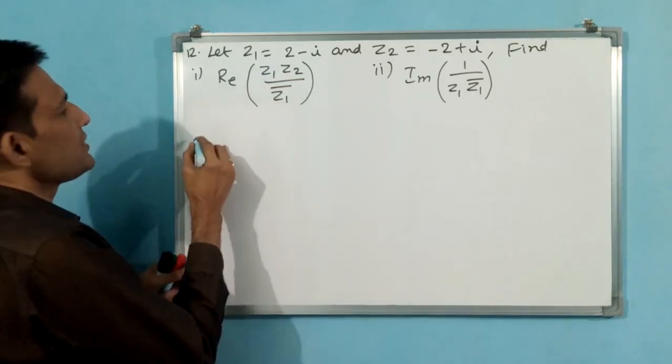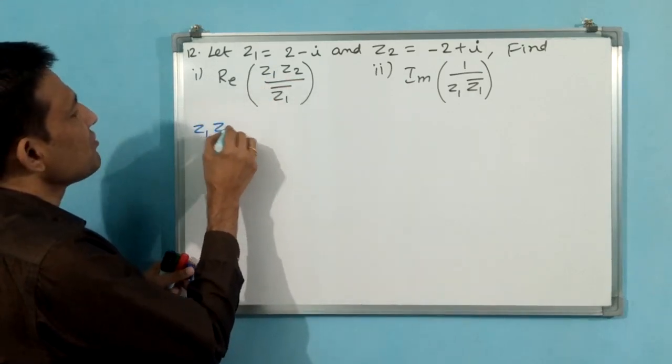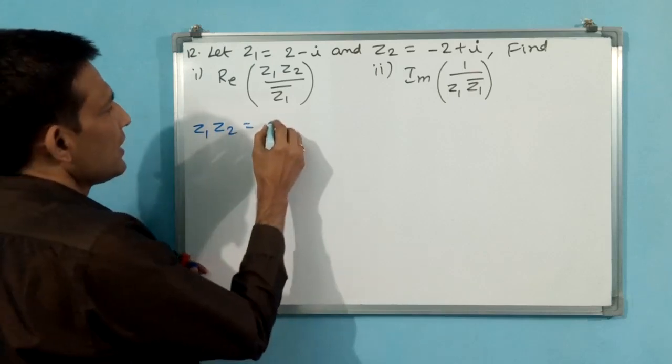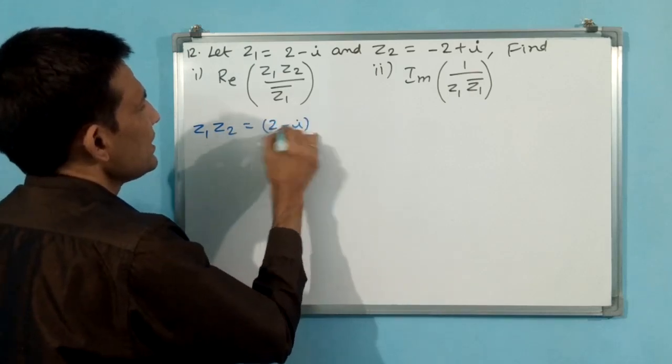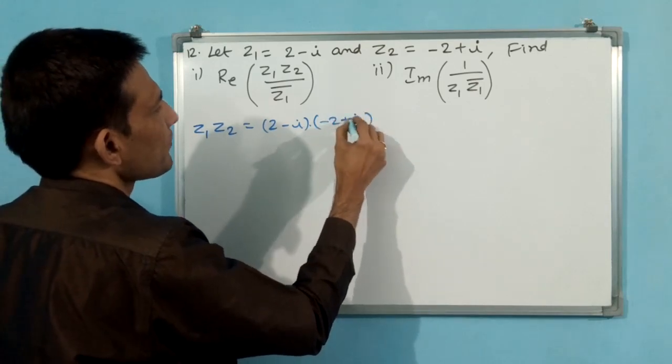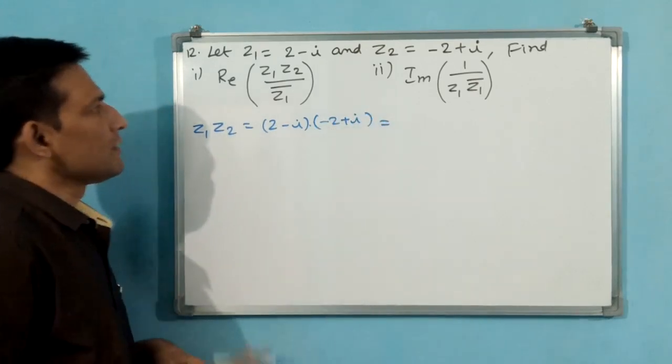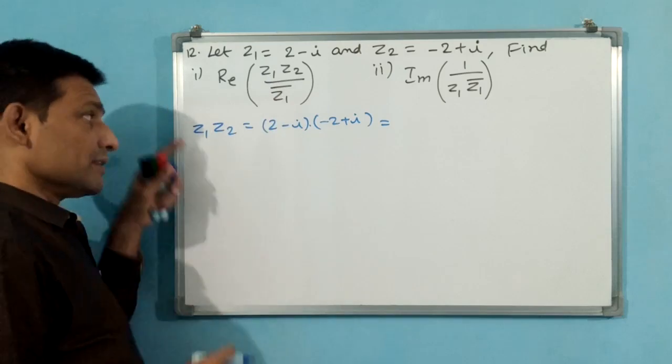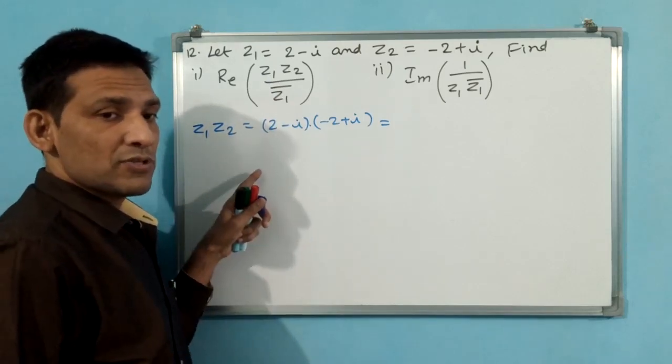First let us see Z1 and Z2. Z1 into Z2 is equal to, write down again, (2 minus i) into (minus 2 plus i). Okay? This is multiplication. Then we will do conjugate also, then conjugate division.